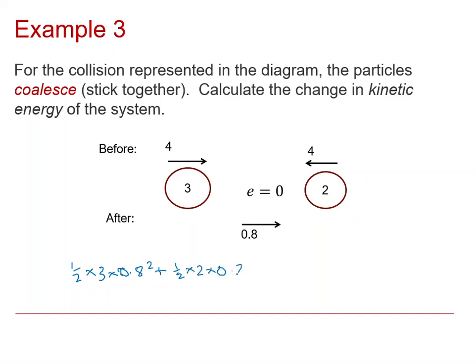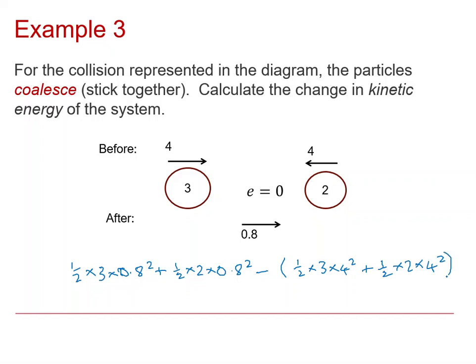You could, I suppose, say that if they've coalesced, that's a single particle of mass 5. It would give you the same answer, half times 5 times 0.8 squared, and from that we subtract half times 3 times 4 squared added to a half times 2 times 4 squared.